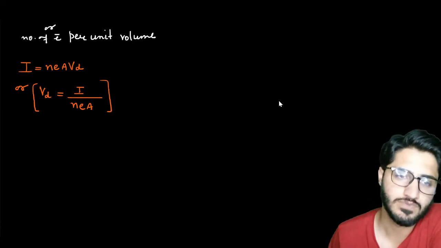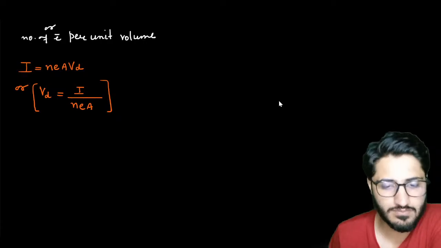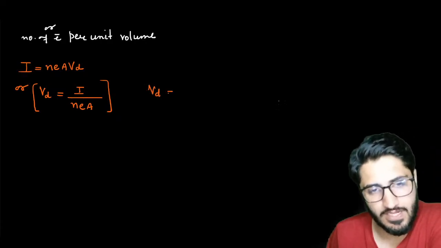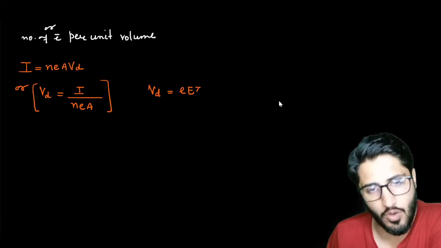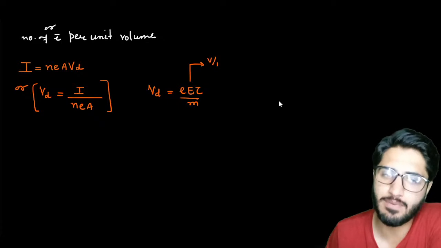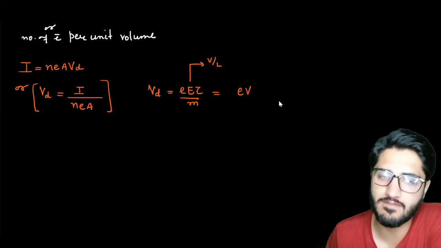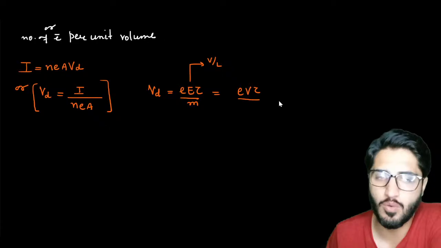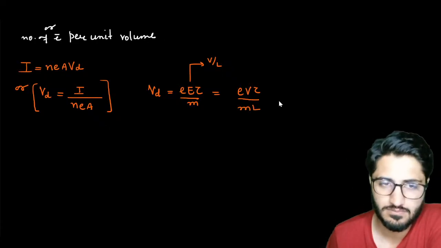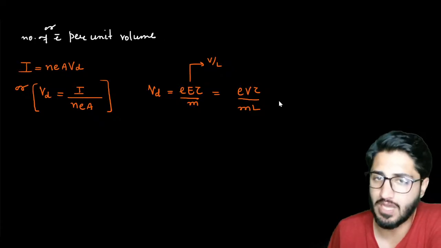Yes, we can. One more formula: what is Vd? Vd is E tau by m. What is E? E is V by L. So I can write EV tau by mL.